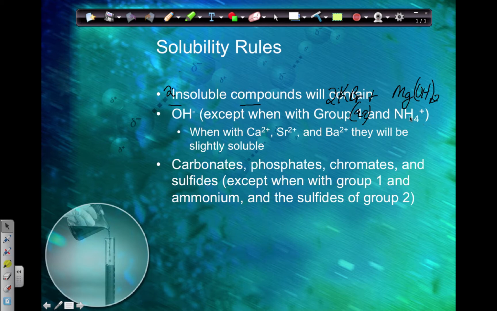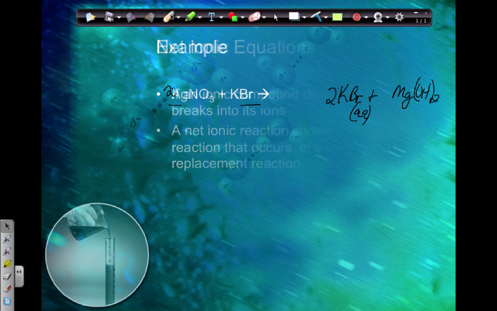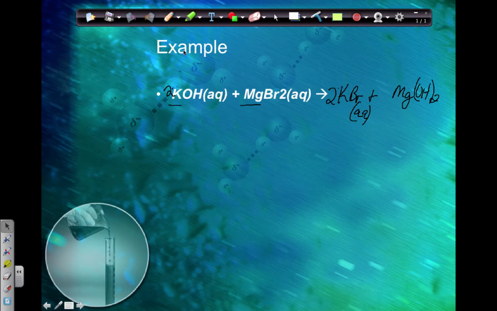So group 2 is magnesium. Magnesium's in group 2, so that makes it insoluble. So this would be a solid. So we have a solid here. So the reaction does happen because we have something that's insoluble.